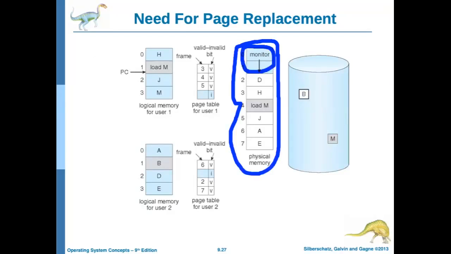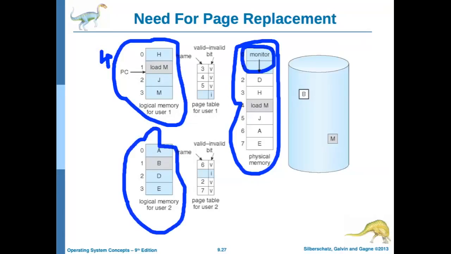Now there is, say for example, process 1, which needs 4 frames. There is another process, or you call it a user, which needs 4 frames. So the page table for the first process is given there, where the contents are H, M, J, and so on, pages 0, 1, 2, and 3.